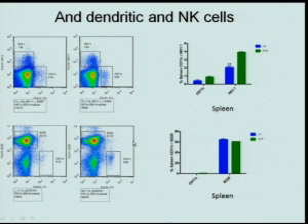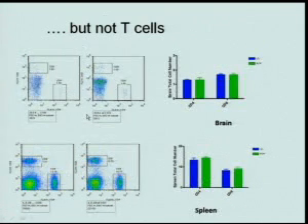In addition to the decrease in CD11B cells, we also observed a decrease in dendritic and NK cells in the brain, and brain and spleen after immunization, but no difference in T cells.